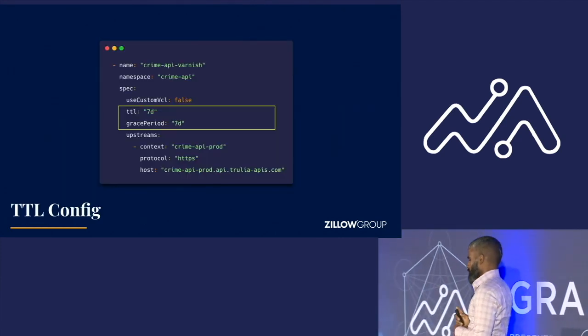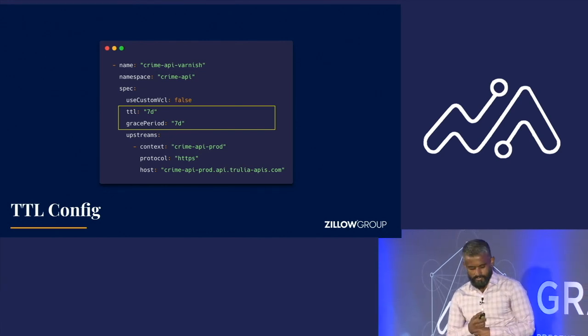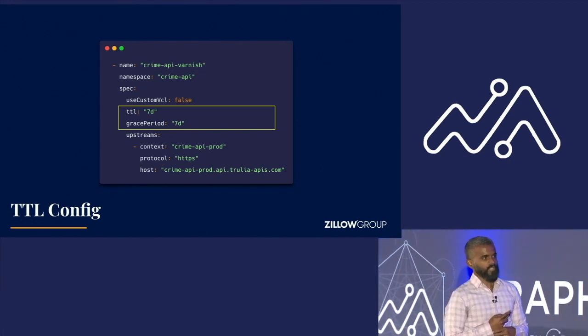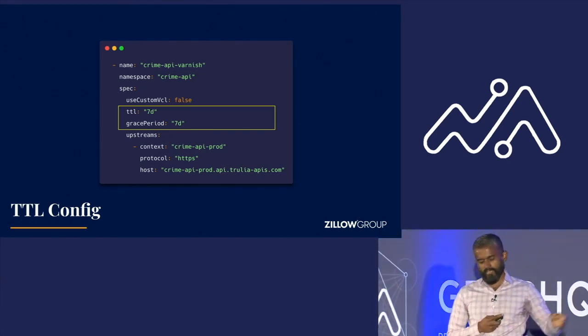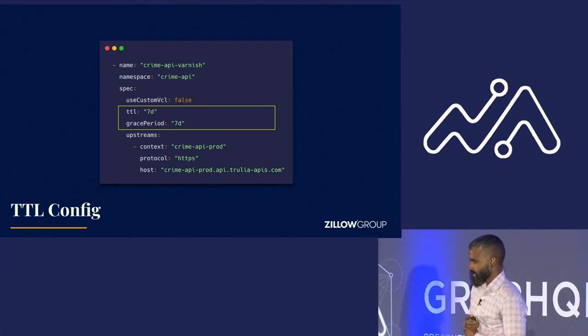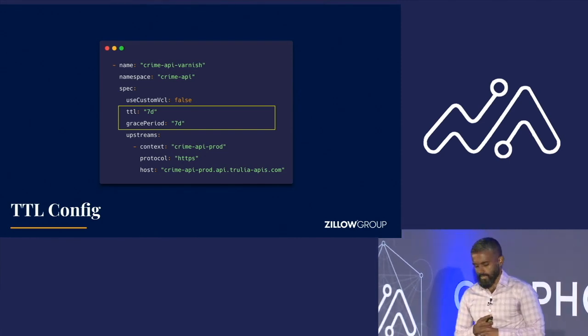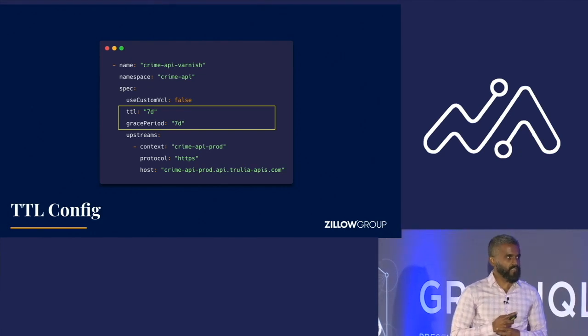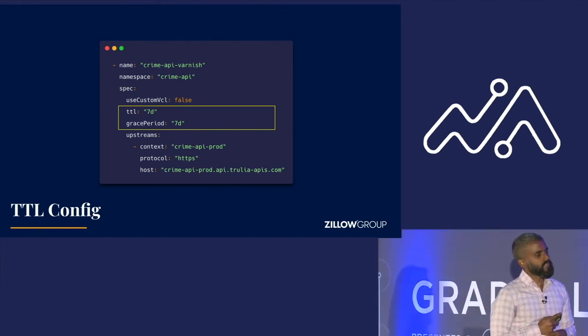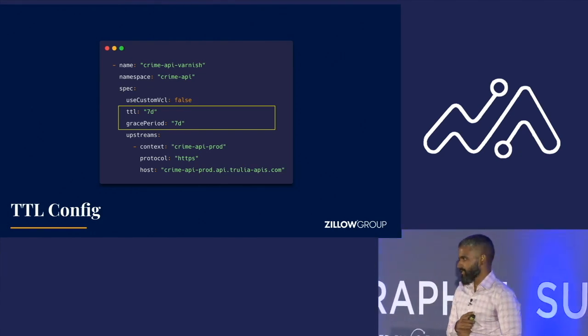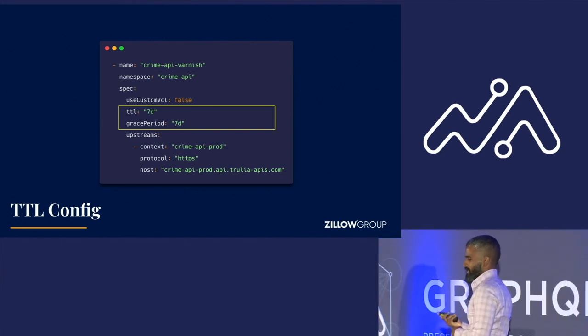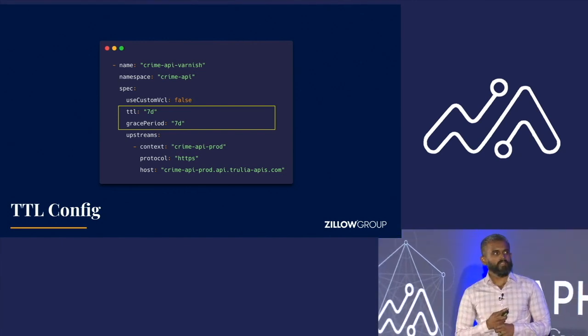And the way we deployed Varnish was also very easy. We did this in Kubernetes, so all we needed were these 10 lines of code, and we could specify TTL and grace period right there, 7 days as default for this instance. And within a few minutes, we had Varnish up and running to experiment.